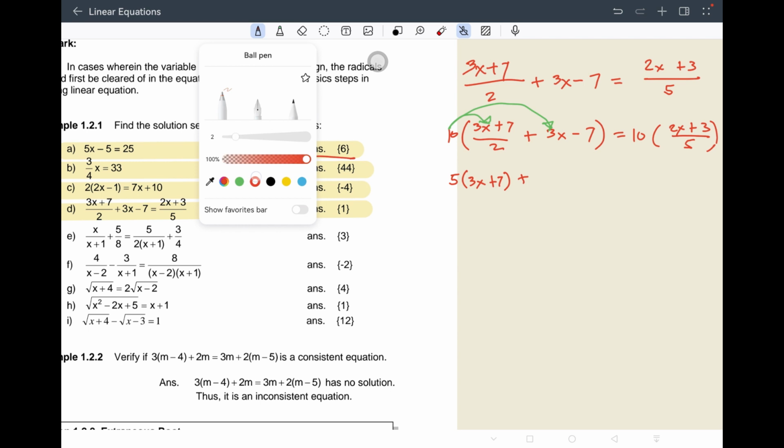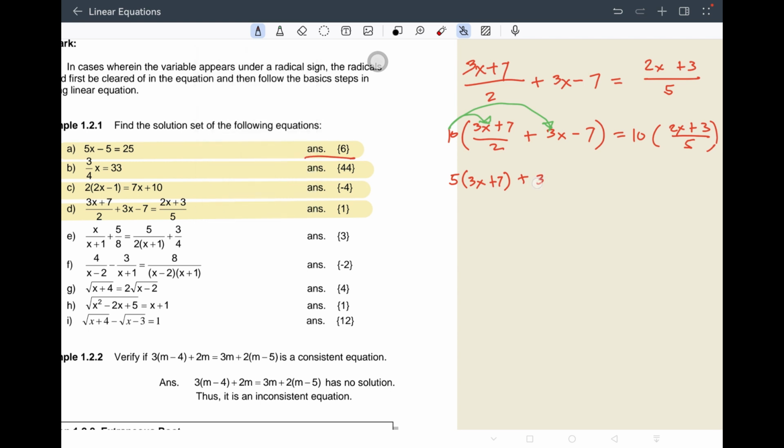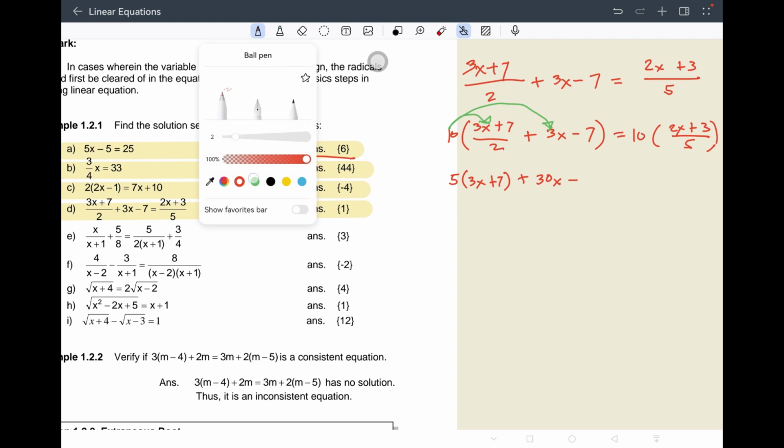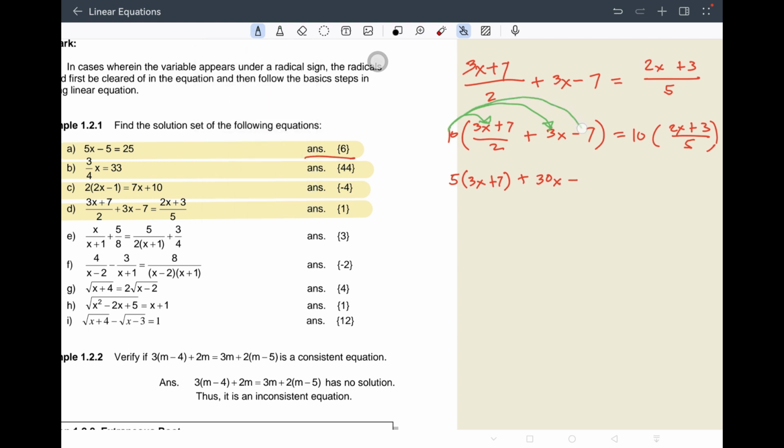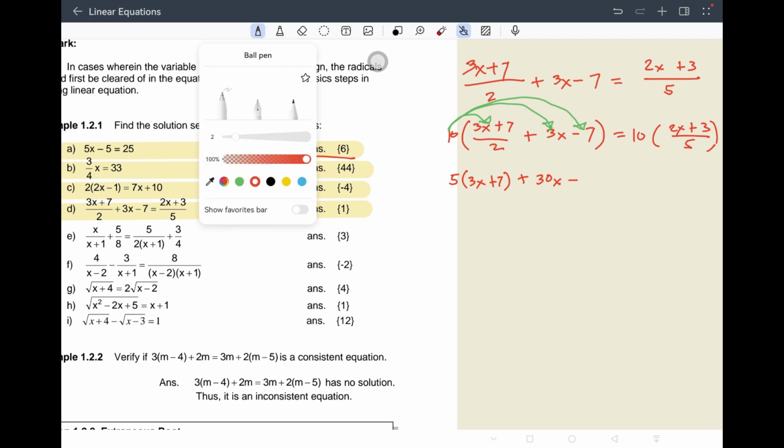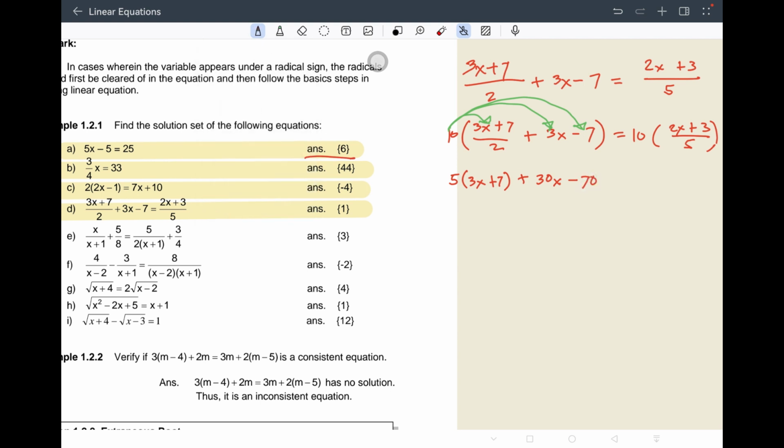So this will become 30x minus 10 times negative 7. This is negative 70 equals 10 divided by 5. This will be cancelled. 2. So this will become 2 times 2x plus 3.